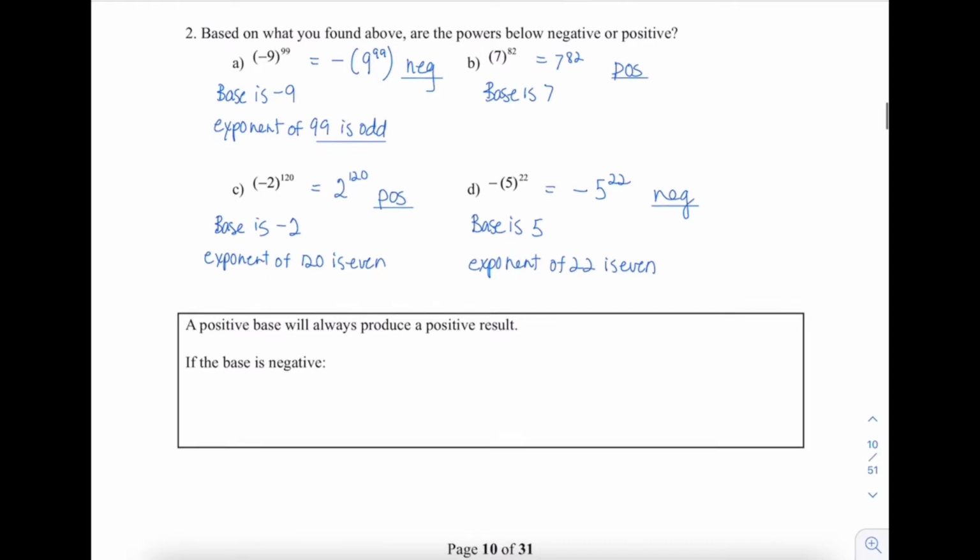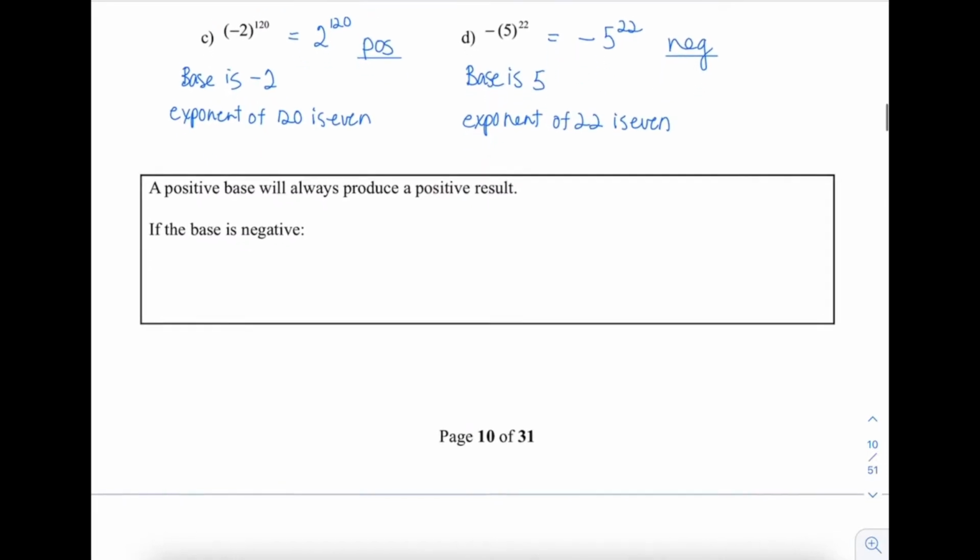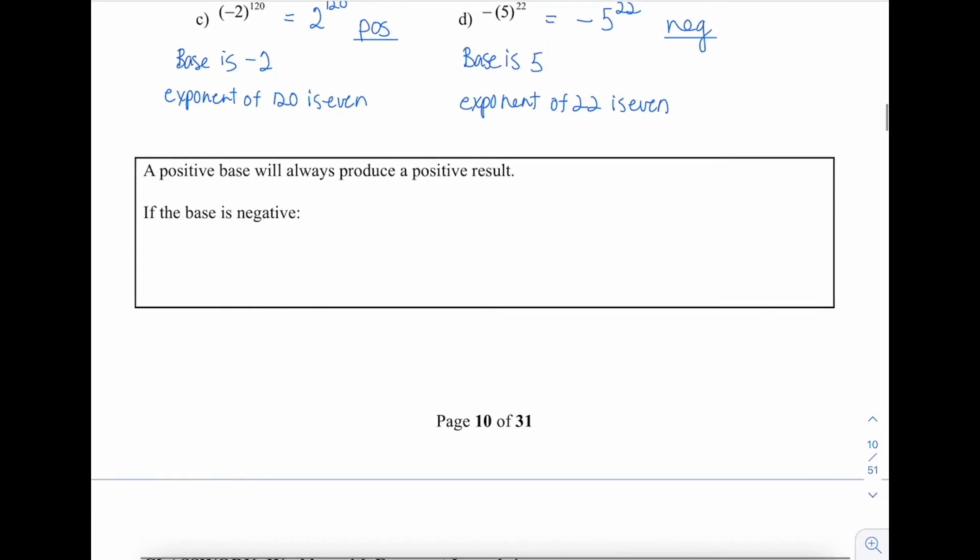So in this box, we'll just recap what we did. A positive base will always produce a positive result. But if the base is negative, we need to look at the exponents. If the exponent is even, the overall power will be positive.